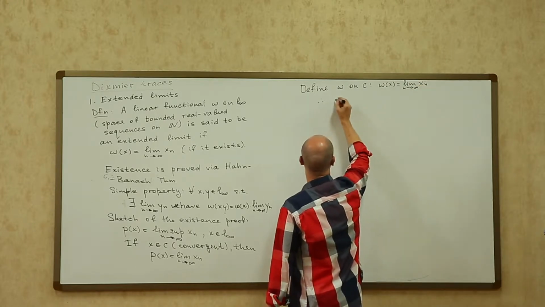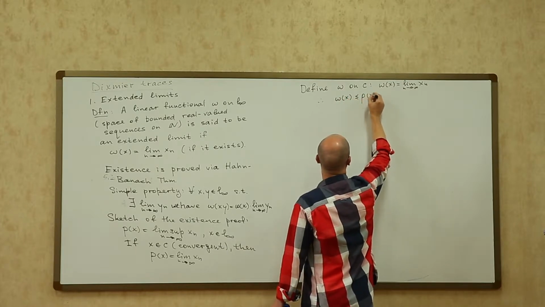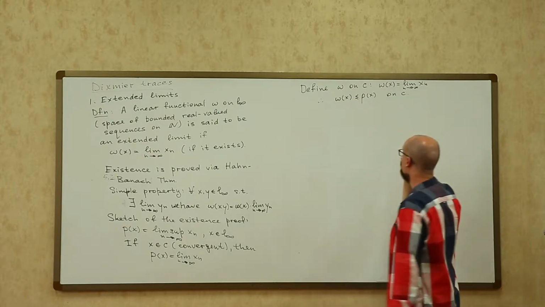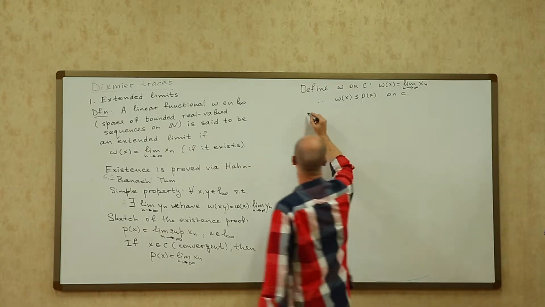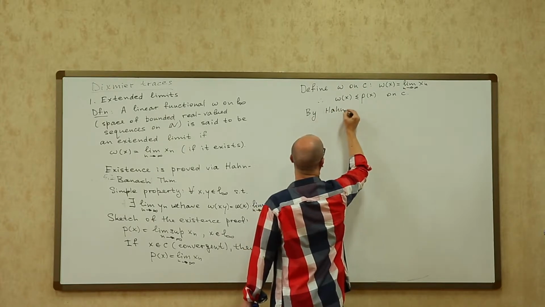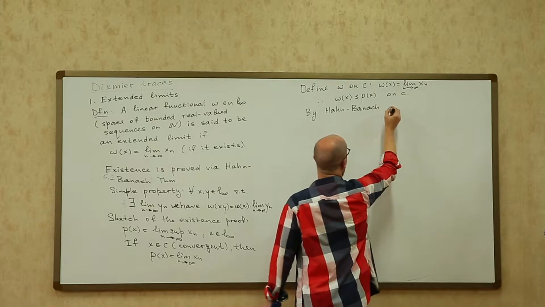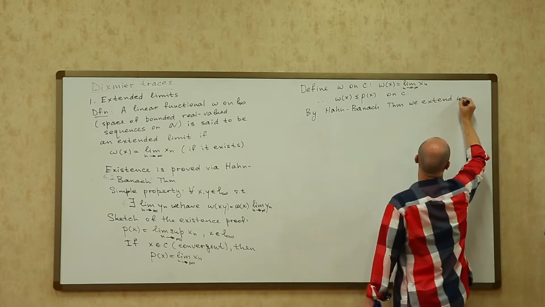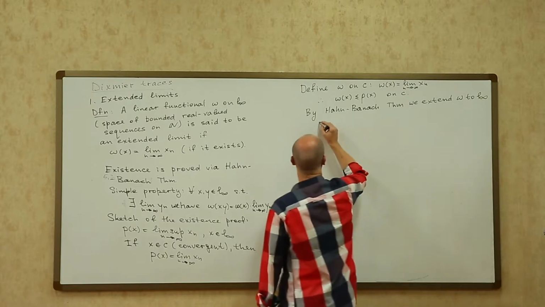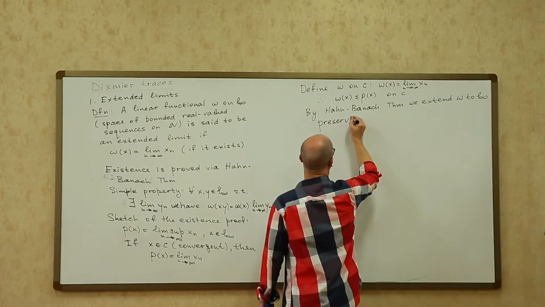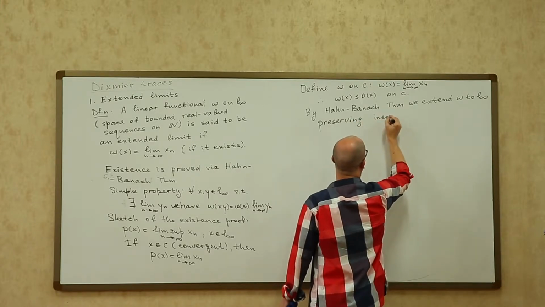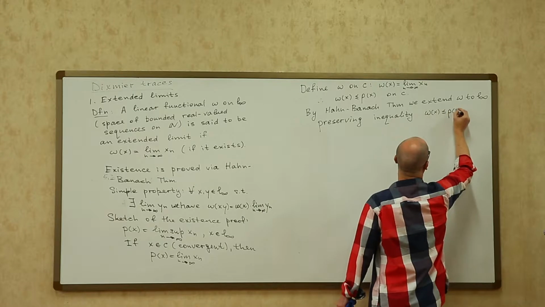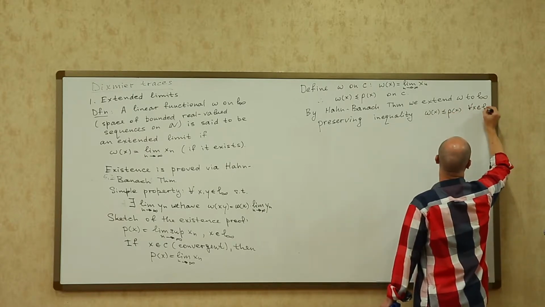Then we clearly have that omega of x is less than or equal to P of x, with equality, in fact, on C. Then by Hahn-Banach theorem, we extend omega to L infinity, preserving the inequality, for every x in L infinity.